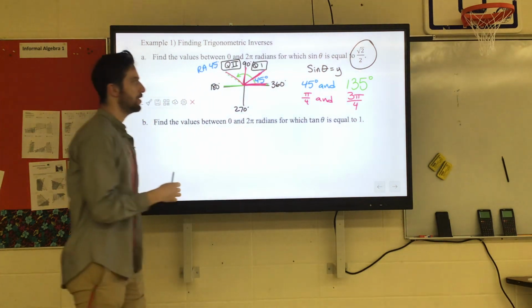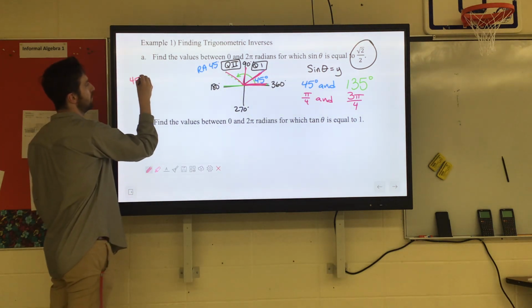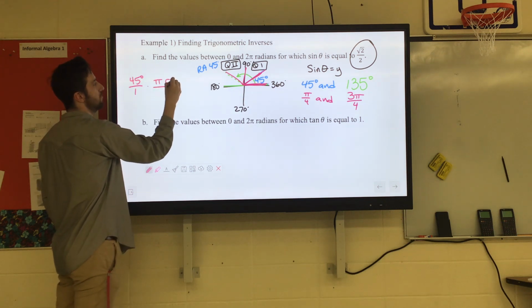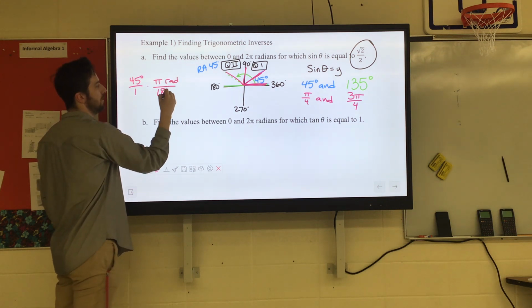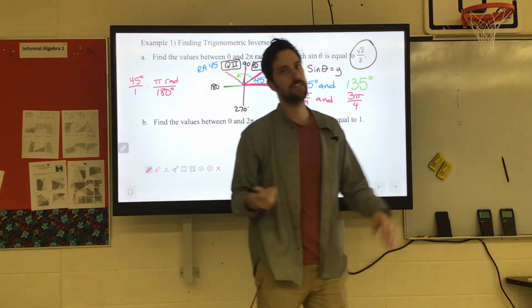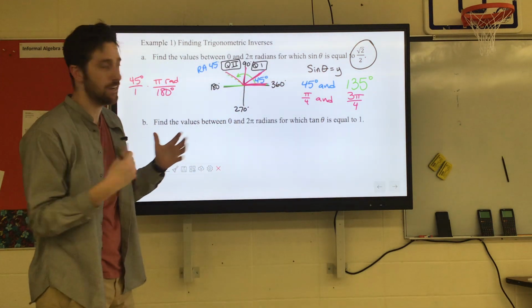That's an option. Otherwise, you can always do the conversion thing where you're like 45 degrees times pi radians over 180 degrees, and it will simplify to pi over 4. So however you can get there is great. Let's try more. This is all we're doing today.